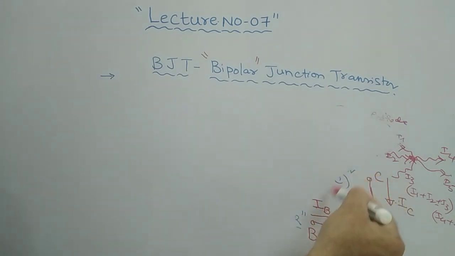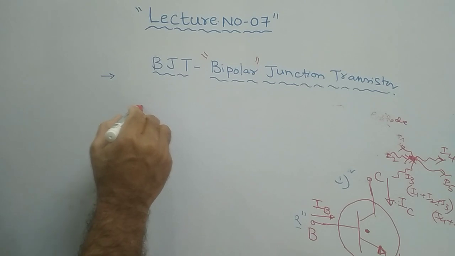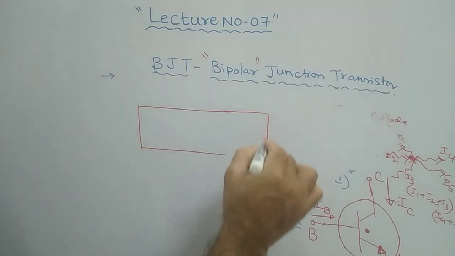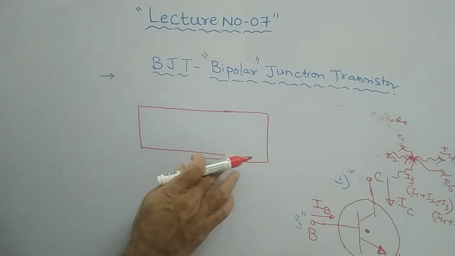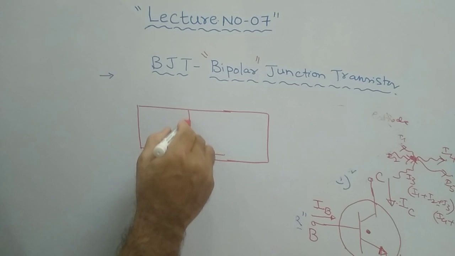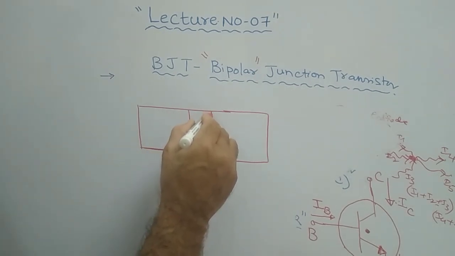So as we have three terminals, this is NPN basically. PNP is something like the reverse of NPN. If you see PNP, the middle one is small.